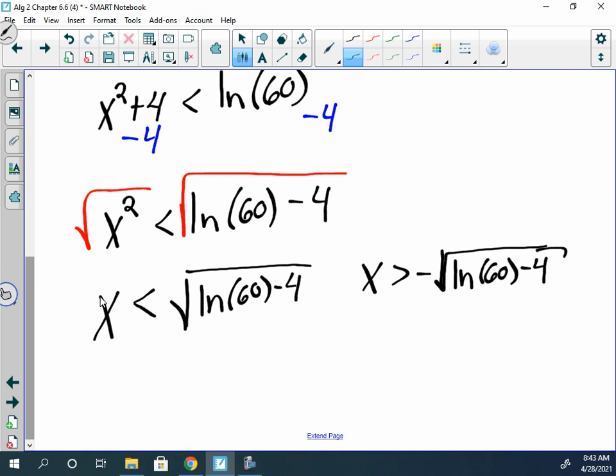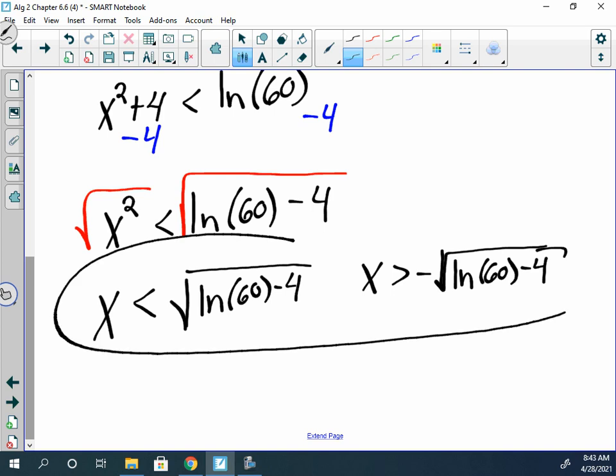Because remember, if we multiply or divide by a negative, we have to change the sign. The same thing is true when we take the square root of both sides. Because when we have this plus or minus case, it ends up splitting it, where the positive case, our inequality sign stays the same. Our negative case, it flips that inequality sign. And this here really would be our answer.